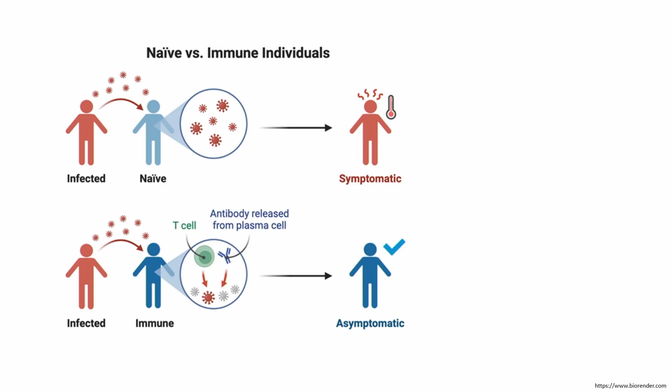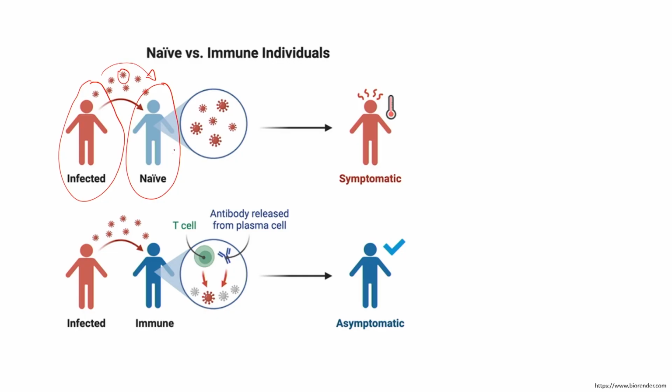That means if there is a person who is infected with some kind of pathogen coming in contact with this naive individual who has not been exposed to these pathogens earlier, what will happen is that this infected patient will actively transmit the pathogen either by the aerosol route through the circulation of air, or through direct contact, or by any means. There could be a possibility that these antigens can be transferred to this naive individual.